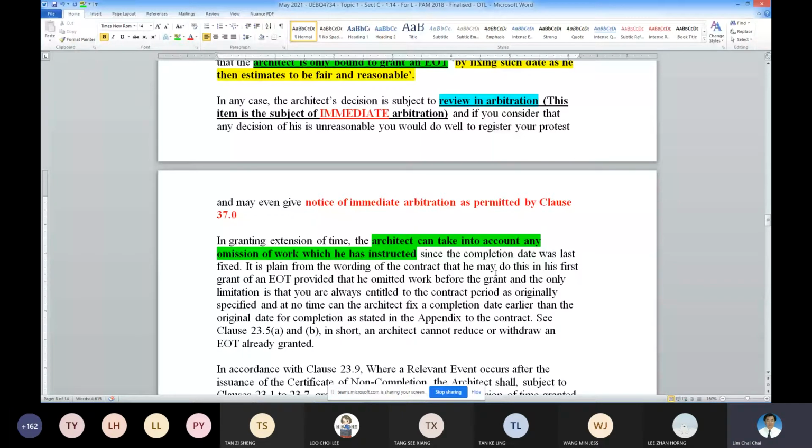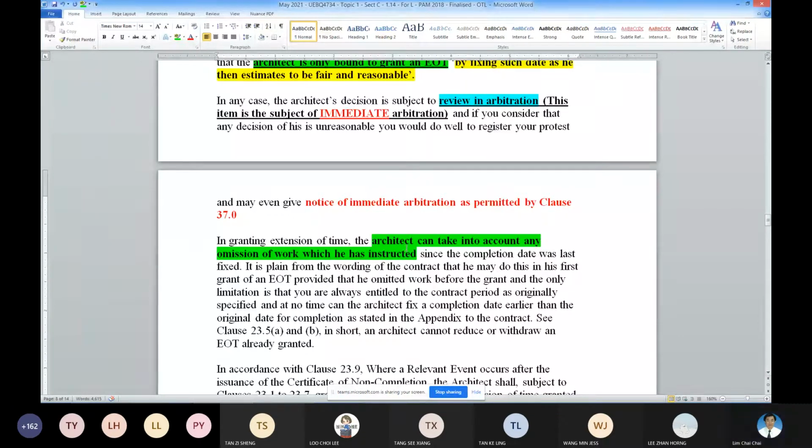Okay, so I'm talking about an individual situation. Let's say the project, there is no additional work, there is no problem of extension of time. Now architect issues an omission of the work. Question: if there is pure omission of the work, can the architect reduce the original contract duration?